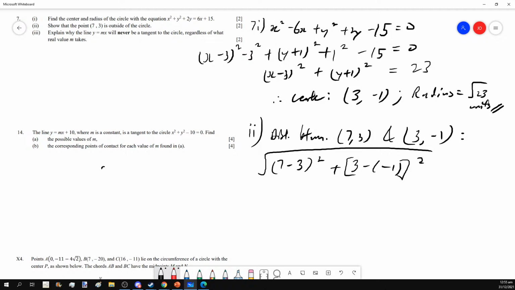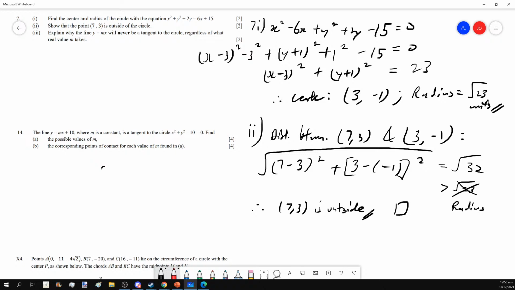This will actually give you the square root of 32. And this square root of 32 is very obviously greater than the square root of 23, i.e. it is greater than the radius, and therefore (7, 3) is outside of the circle, which is what we wanted to prove, QED.